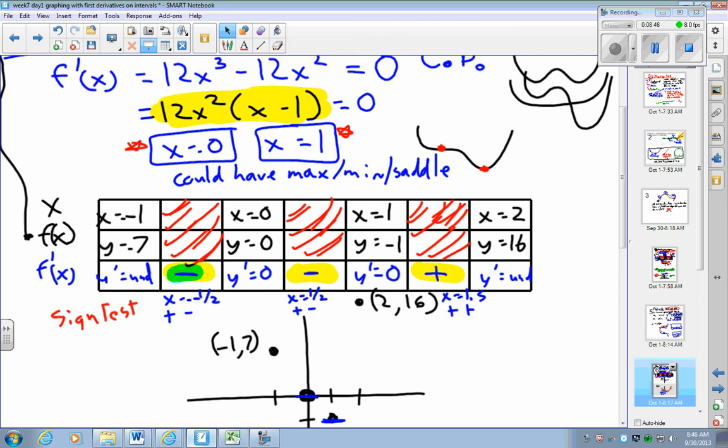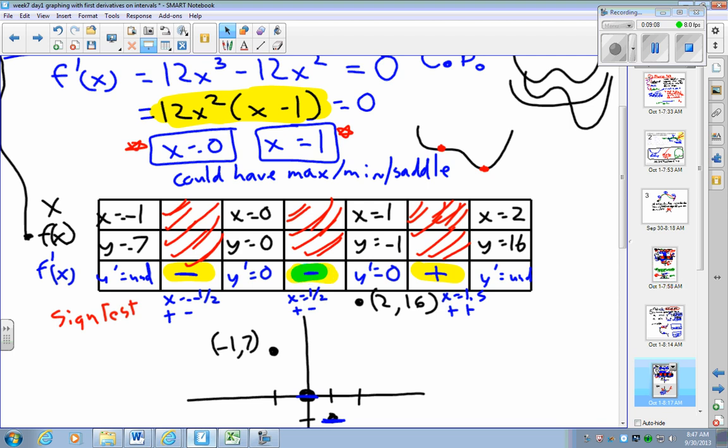If I go from negative to 0 to negative, think back to our other page, the one I just did before. Going down, flat, going down. What does that make me? Is it a max, min, or a saddle? Look back on your notes from the last page. Negative, 0, negative.